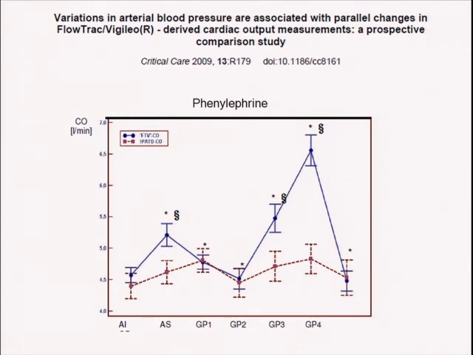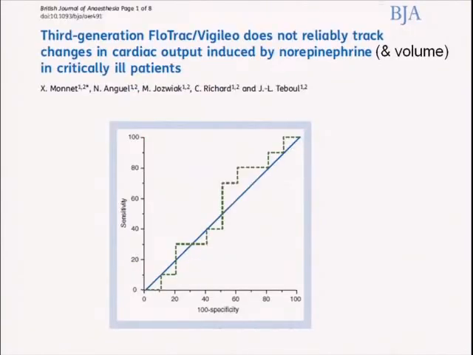As you change afterload with phenylephrine or norepinephrine, the pulse contour formula cannot correct for this change in aortic compliance and falsely gives you increases in cardiac output. So this device is inaccurate at baseline and unfortunately doesn't track changes in cardiac output to volume or vasopressors. I'm not sure what its value is. It's kind of remarkable people use this device.